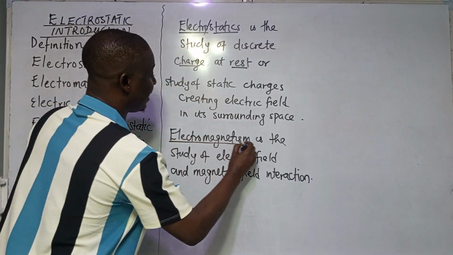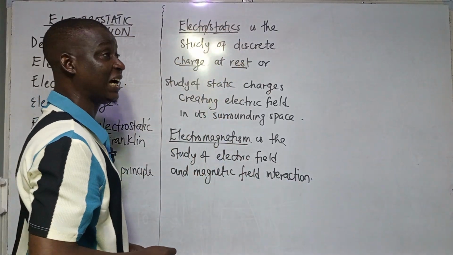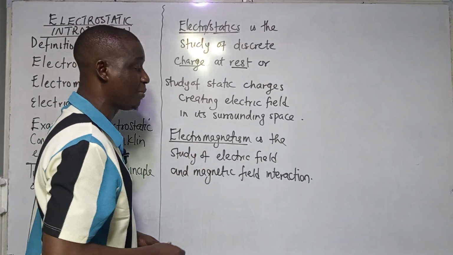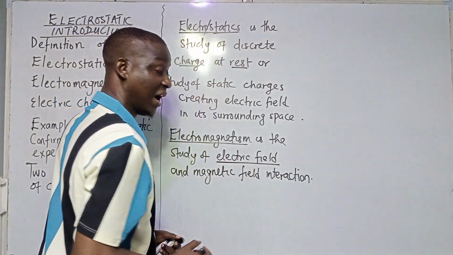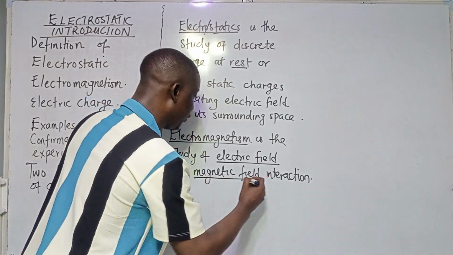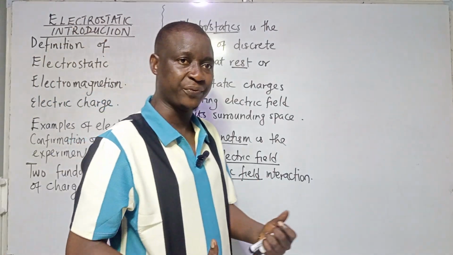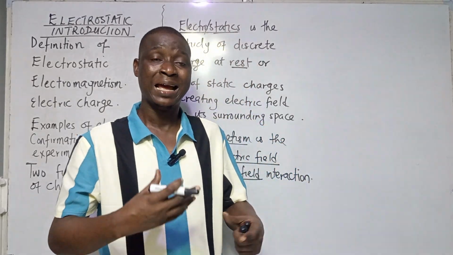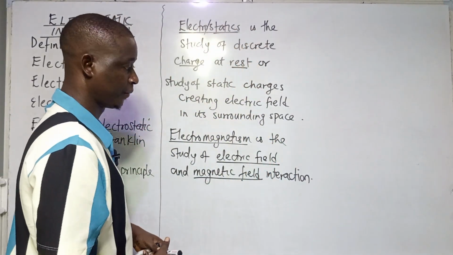When you are talking about electrostatics, you are talking about the study of discrete charge at rest. But when you are talking about electromagnetism, you are talking about the study of electric field and magnetic field interaction, so how the electric field and the magnetic field interact in a field.